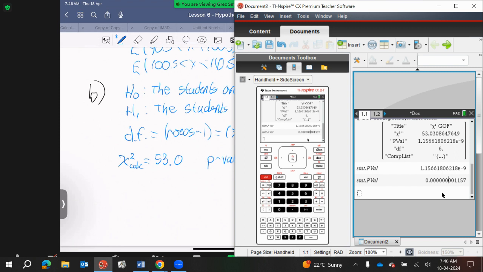Okay. So to make our conclusion, we can compare it to the critical value, but in this question, the critical value is not given. If you're finding the critical value on this one, I'd like to know how you're finding it. You can search for the critical values online, but typically in an exam you would be given the critical value. As we're not given the critical value, we're going to have to use the p-value.